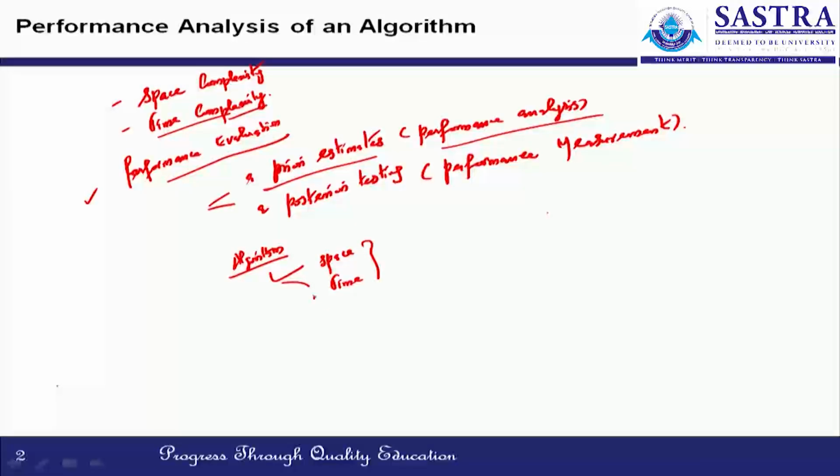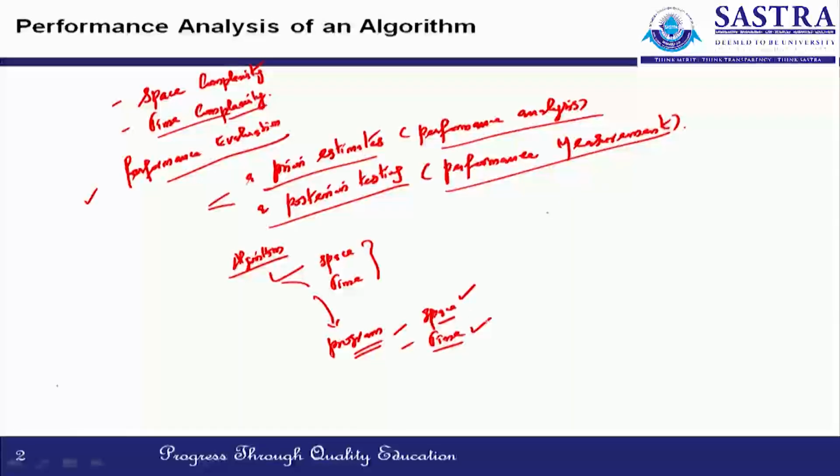We can convert the algorithm into a program. After the algorithm is converted into a program, we need to find how much computational space and time is required for the program. That is nothing but performance measurement. So, a posteriori testing means once the algorithm is converted into a program, we need to find the corresponding space and time requirements.